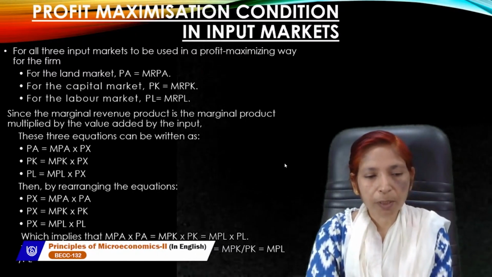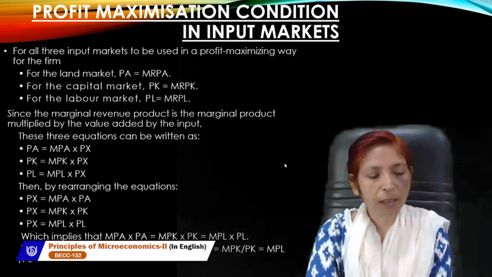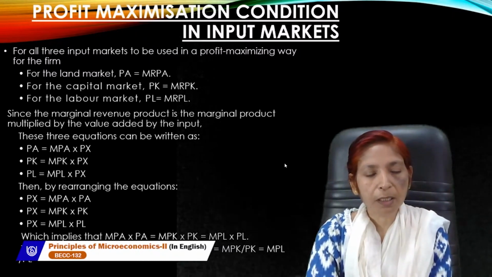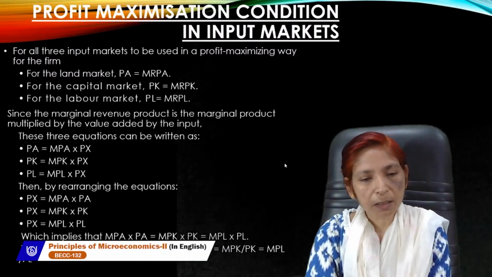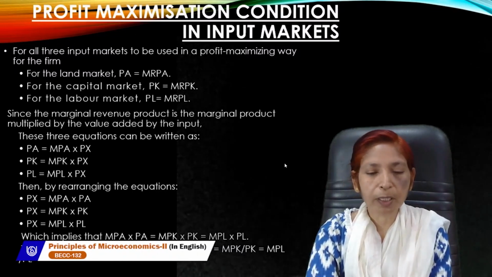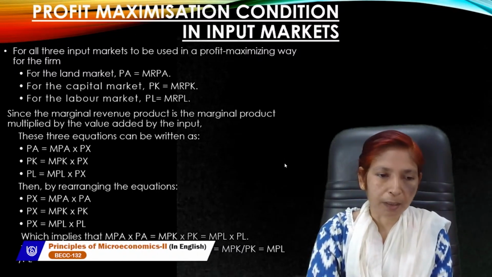This equation can be rewritten as MPA divided by PA is equal to MPK divided by PK is equal to MPL divided by PL.